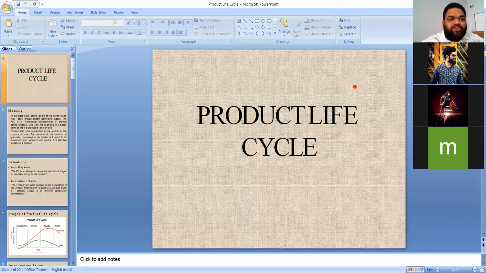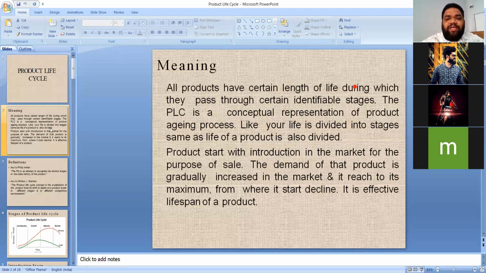So let us know the meaning. All products have a certain length of life during which they pass through certain stages, as I have discussed. The PLC is a conceptual representation of the product aging process. Like your life is divided into stages, the life of a product is also divided.